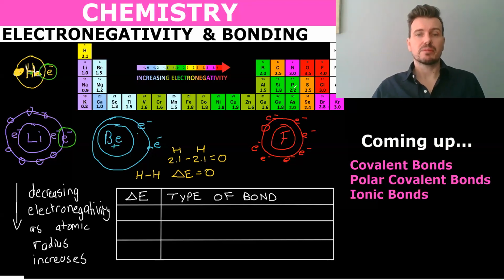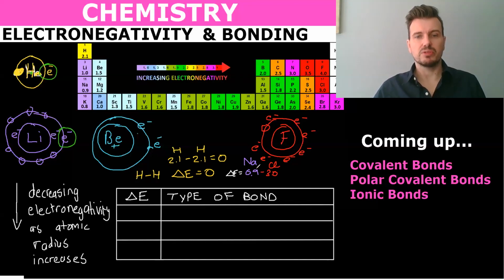Let's look at if we take something like table salt, sodium chloride, we have Na, which is 0.9, and we have chlorine, which is a red one, so we know that it's high at 3.0. And we subtract them from each other, and we say that the change in electronegativity is equal to 2.1.